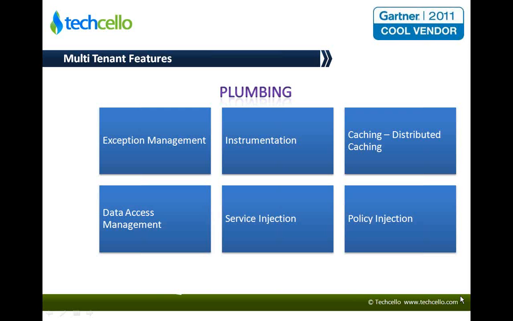Except that, when it comes to a multi-tenant application, it needs to be driven by a tenant's context. For example, exception management. You would definitely be logging exceptions in your on-premise app. But when it comes to multi-tenancy, you should definitely have parsers specific to a tenant, right?